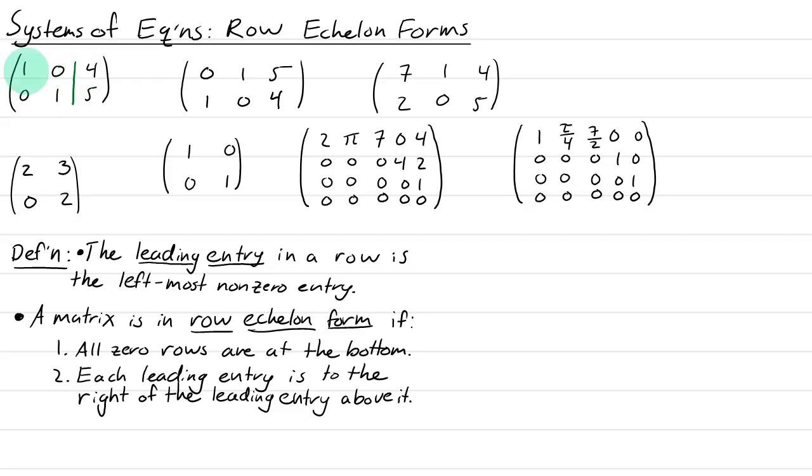This represents 1 times x plus 0y equals 4. And the second equation is just y equals 5, so it just tells you the solution. Now you notice the second one here actually just tells you the same system of equations. It's just written with the rows 1 and 2 swapped.